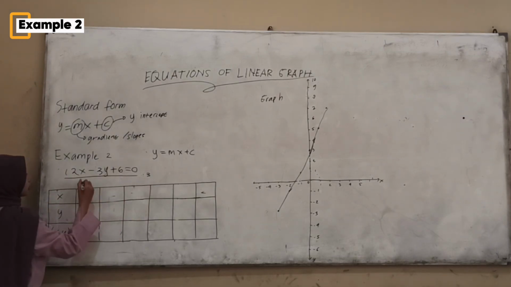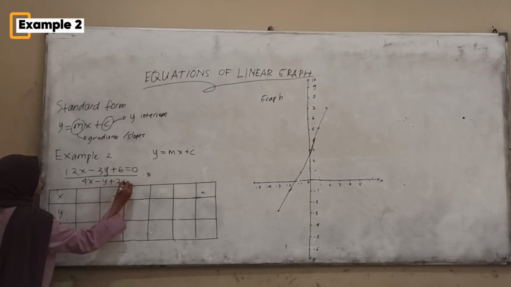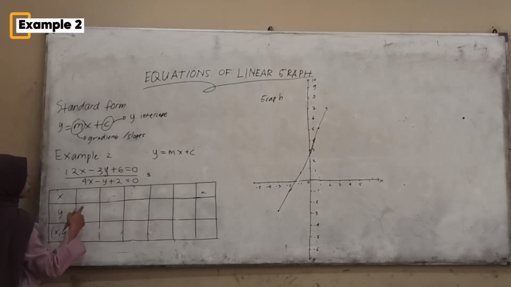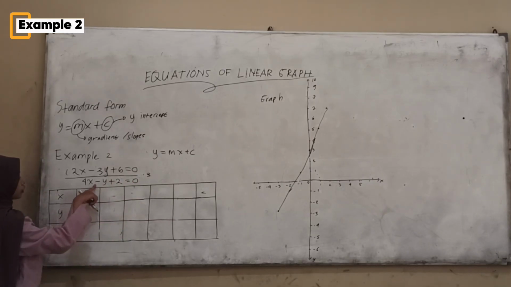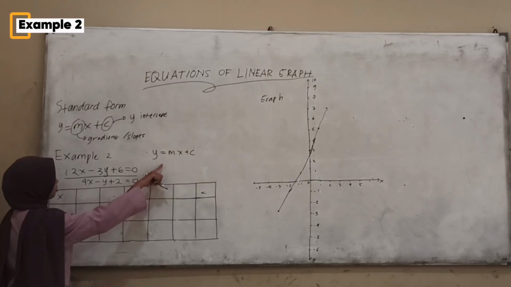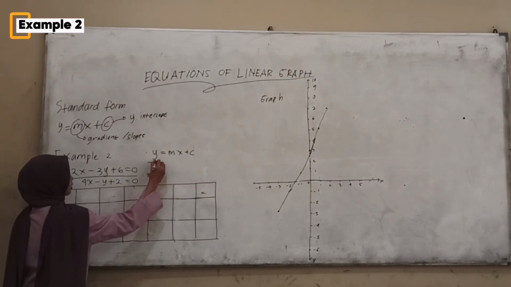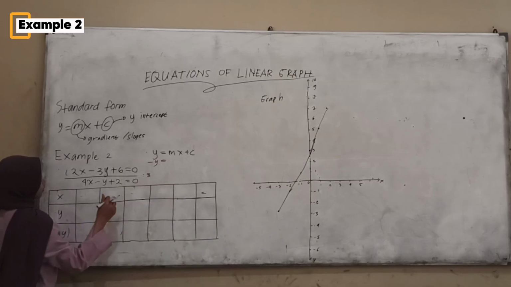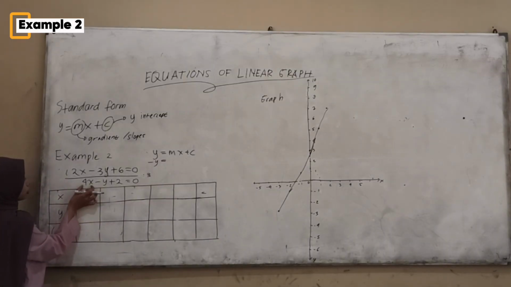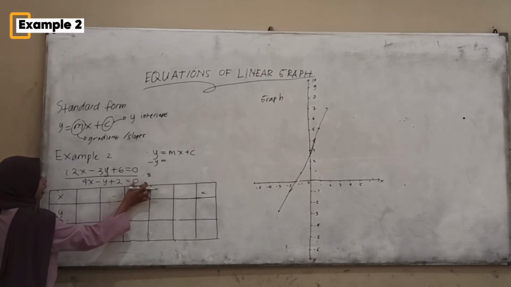12 over 3 for x minus y plus 2 equals 0. So for this equation, we have to change this into this form. So the y is minus, right? Minus y equals, we have to move everything except y to the other side.